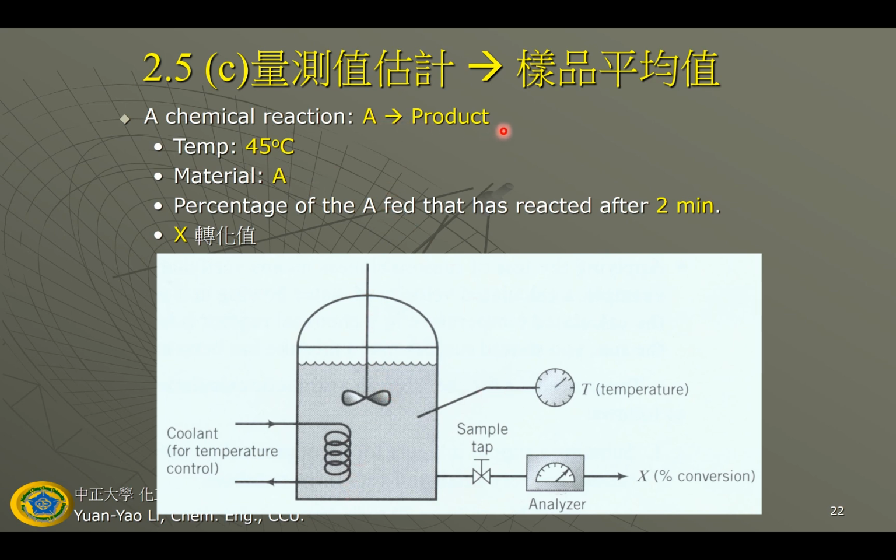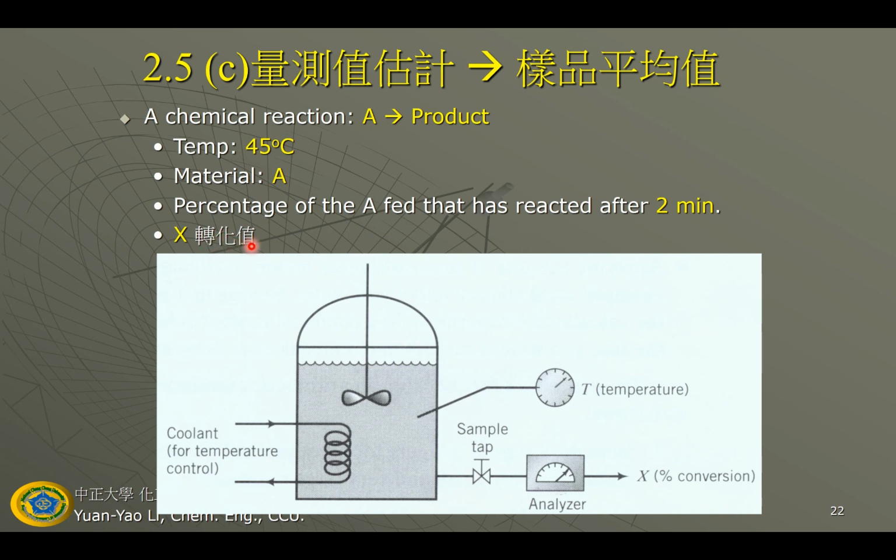Let's say chemical B. So material A is here under the temperature of 45, and you convert it to product B. And this is an analyzer which takes the conversion rate. Conversion rate means the percentage of A converted to product B.